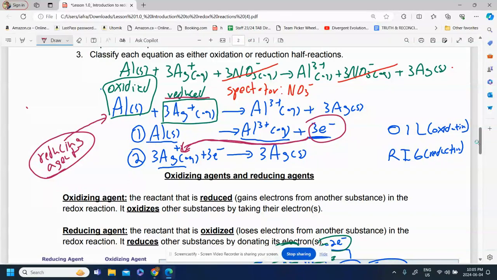So the one that was reduced, the Ag+, is actually the oxidizing agent.